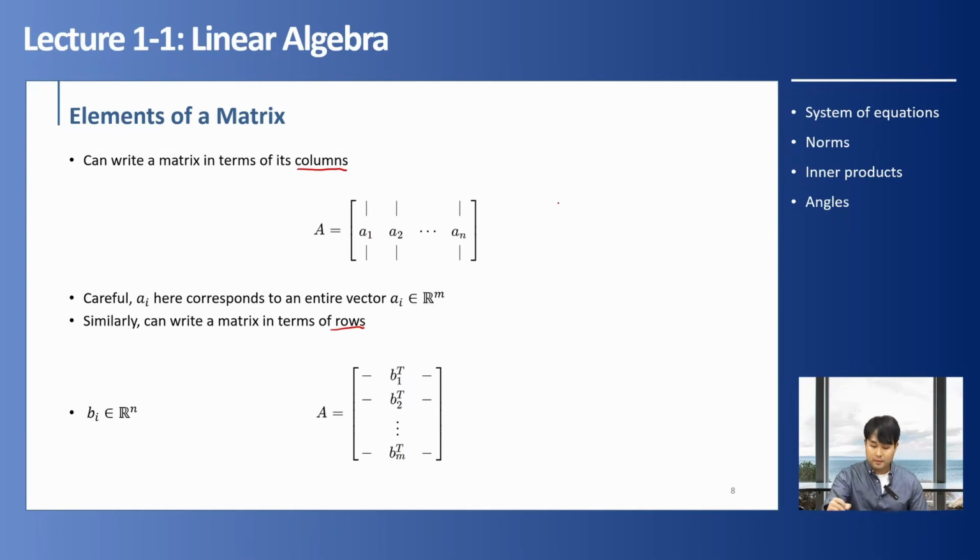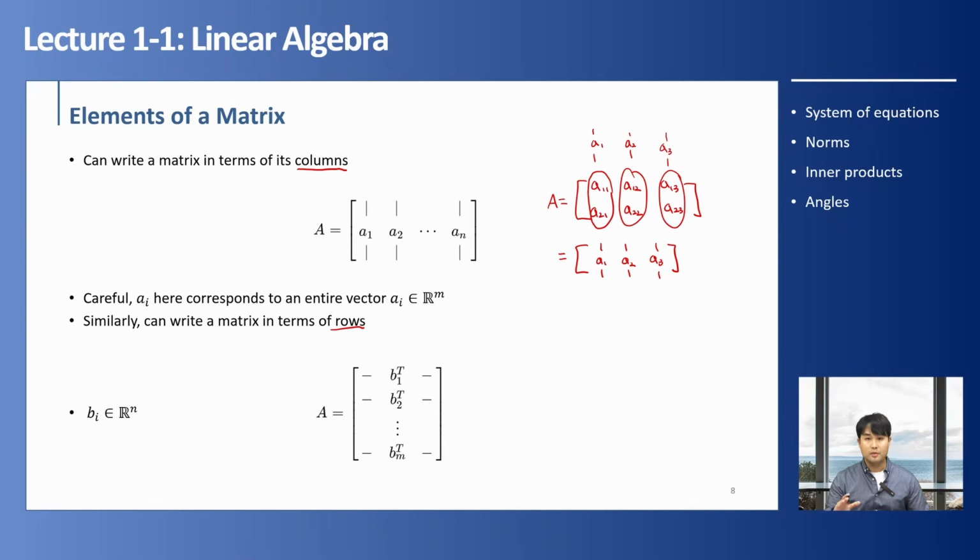So for the first example, if I write out an example matrix, each column can be seen as a column vector, which I'll be denoting as A1 here. This becomes A2, and this becomes A3. And this in turn becomes a collection of independent column vectors.